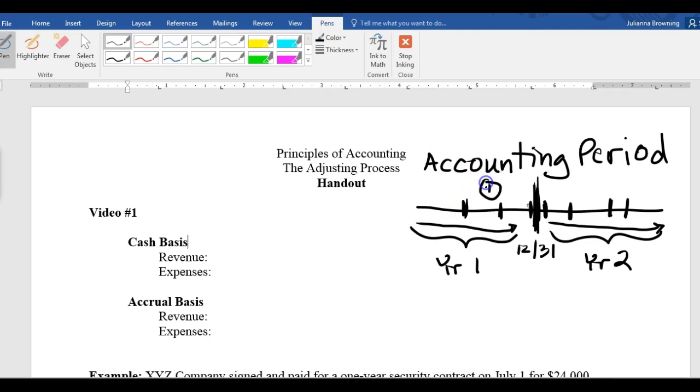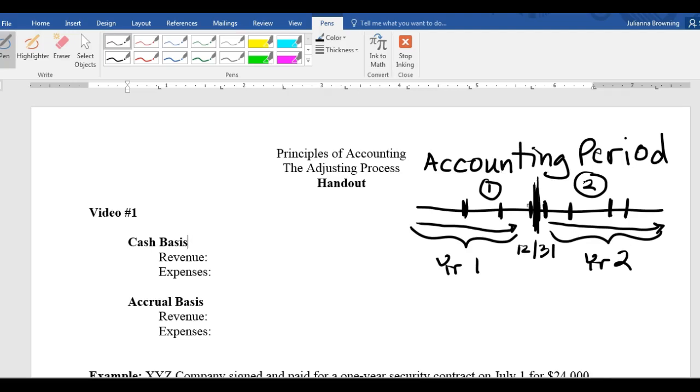Do we put it into period one or do we put it into period two? But the important thing to know is that it does need to go in one of those specific periods, and there are rules that govern which period a transaction should be recorded in.